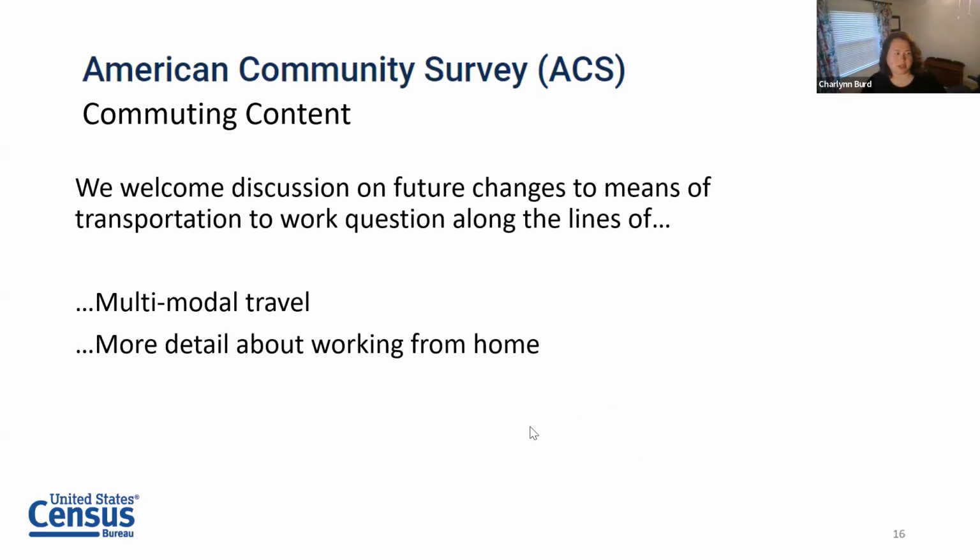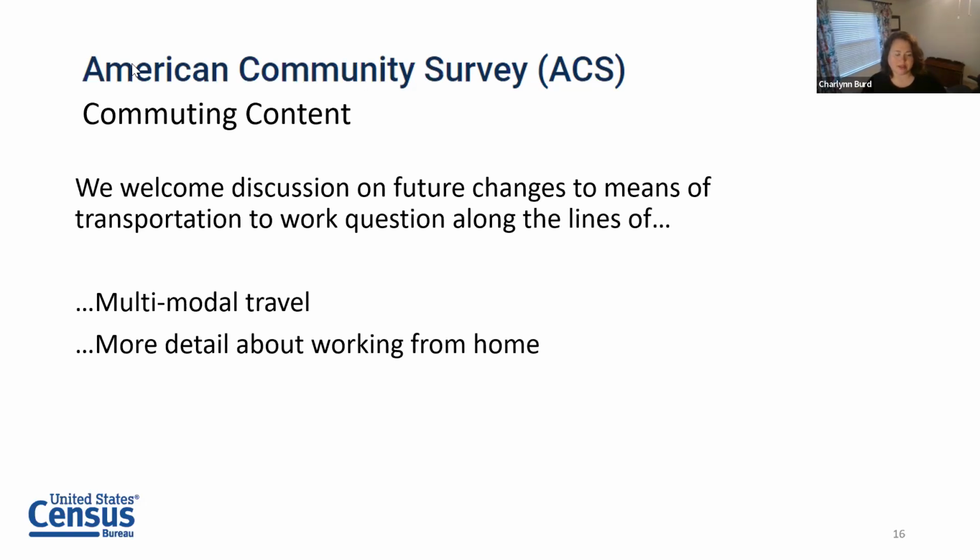Like if you commuted into your workplace 2 days a week, and then maybe you worked from home 3 days a week, the assumption is they would put work from home because that's the majority of the days they worked, 5 days. And that's, I believe, the guidance we provide as well in help text to figure that out. So we don't distinguish between mixed modes.